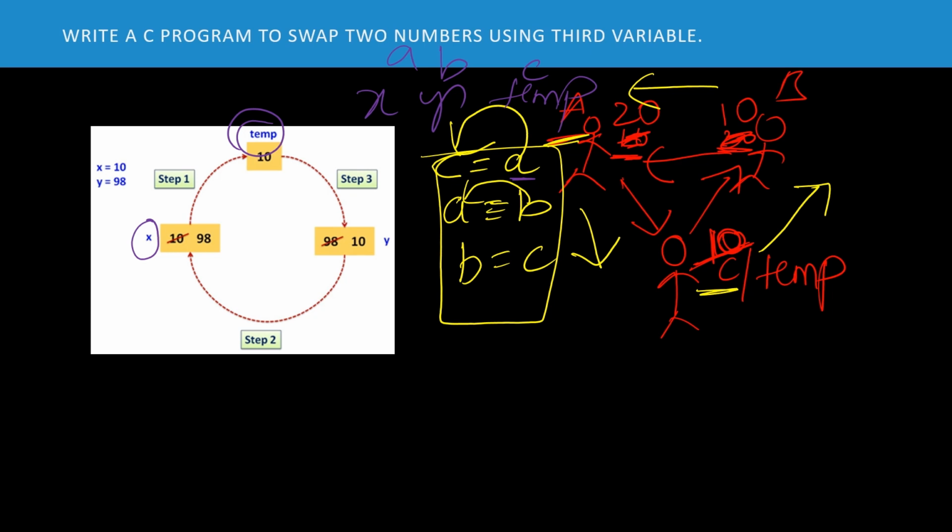First we gave our X data to the temporary variable, followed by the second step, Y value to X. What is the third step? Temp value to Y. It's very simple. This is the logic. First A to C, next B to A, next C to B. That's it. The logic is over. These three statements are the only logic.